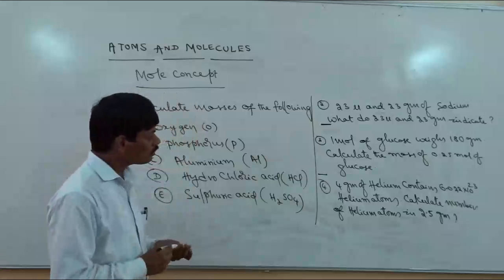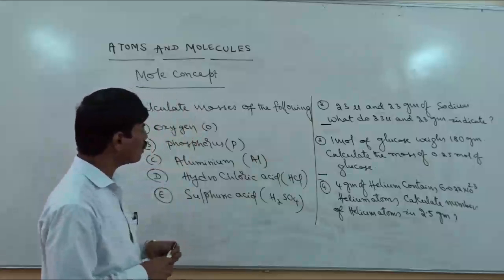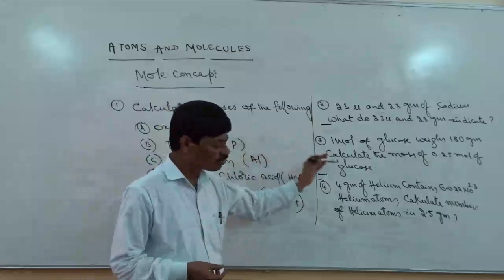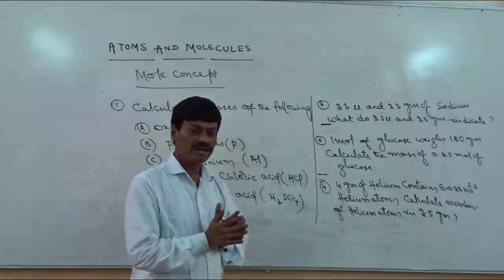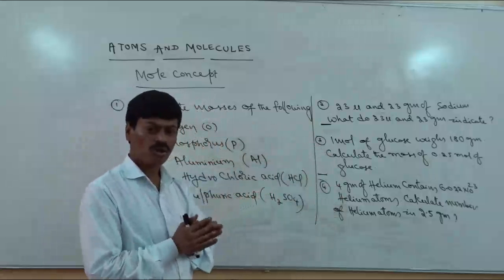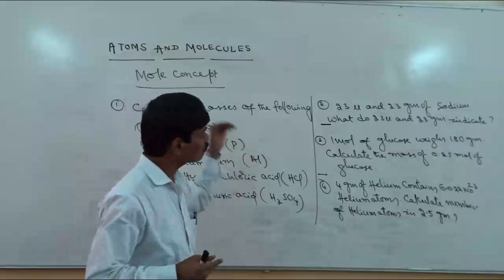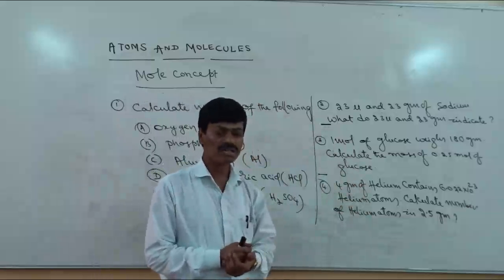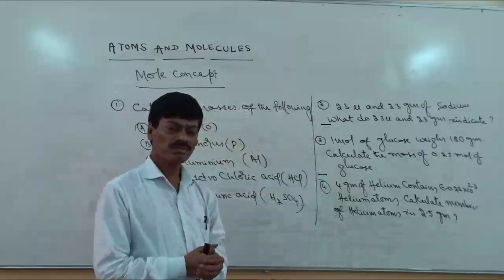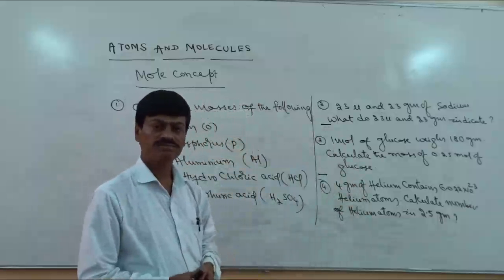Right. So that's about the numericals. If you work out all these numericals, then the relation between mole, molar mass and Avogadro number will be known to you. After working out these numericals, those concepts will be very much clear to you. Thank you.